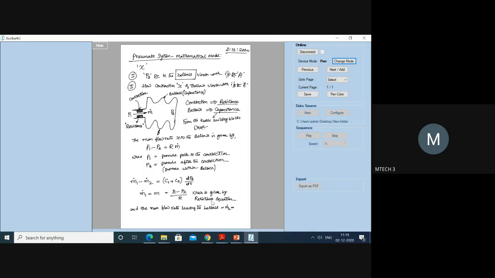That will be equal to what? What is the mass flow rate leaving the bellows? How much mass flow rate leaves the bellows?